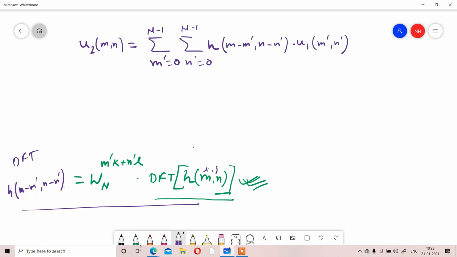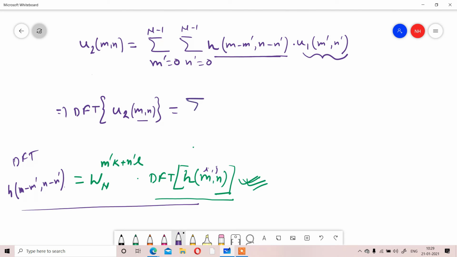If we replace that term by considering the DFT of u2 m comma n, we will do the DFT with respect to m and n. Only the DFT will happen over the h m minus m dash, n minus n dash, because u1 m dash n dash is not dependent on m n, so here DFT will not happen.